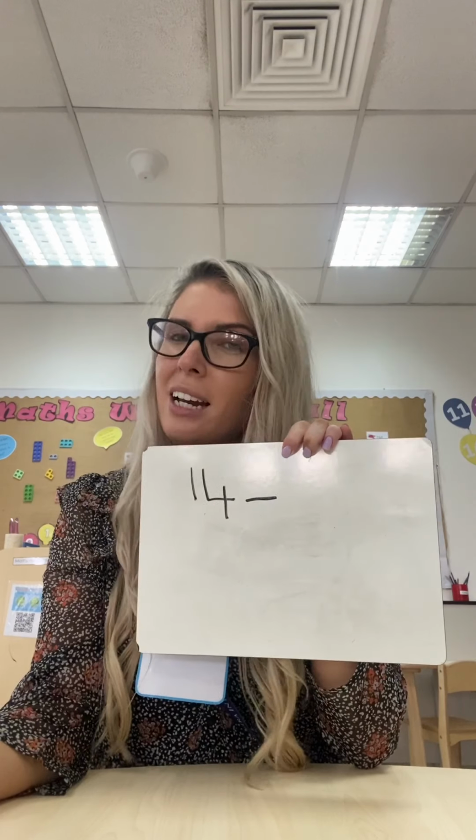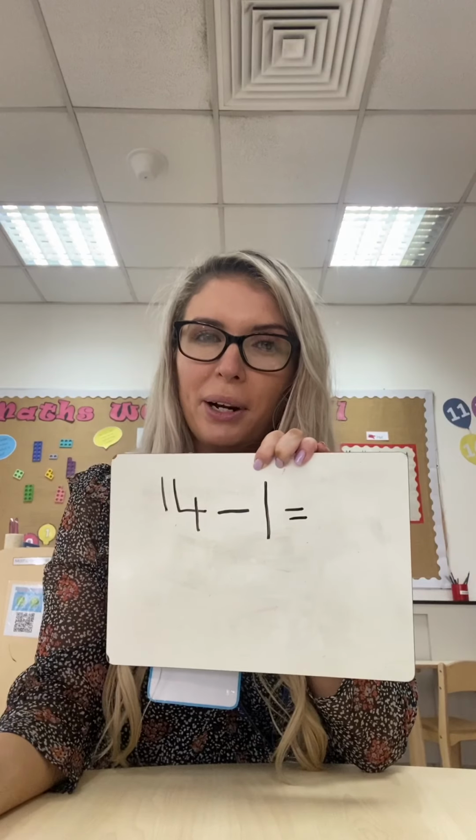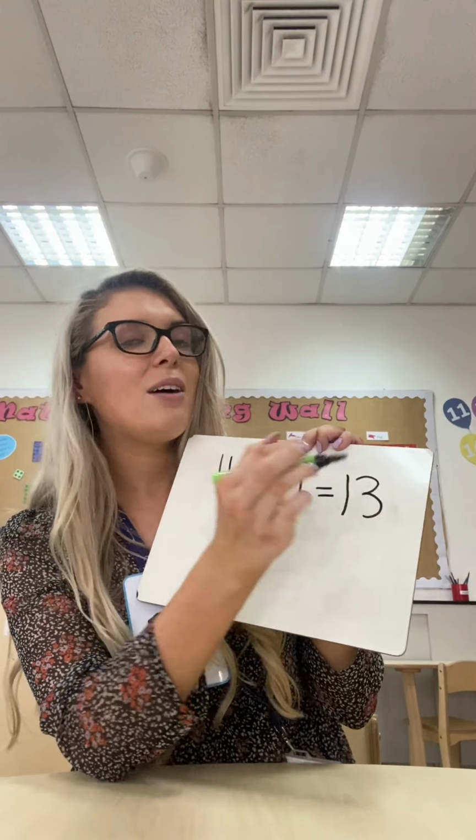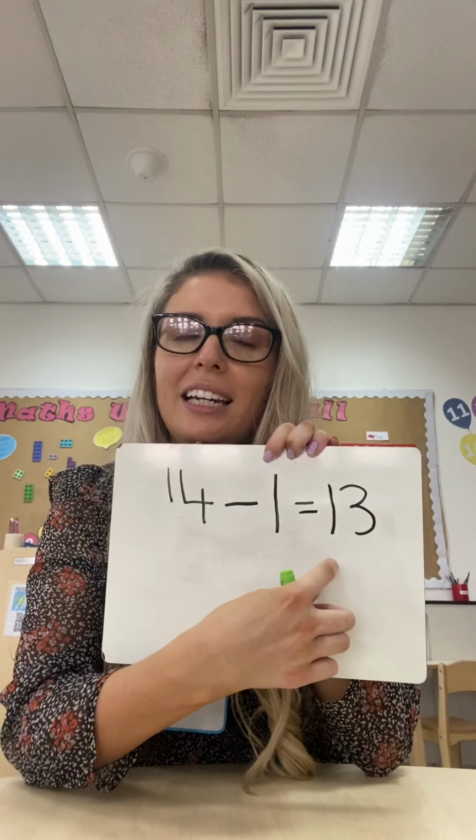How many, everyone, did I take away? How many jumps backwards did I make? Just 1. So 14 take away 1 equals, can anyone remember? Excellent, 13. So I know that 1 less than 14 is 13, or 14 take away 1 equals 13.